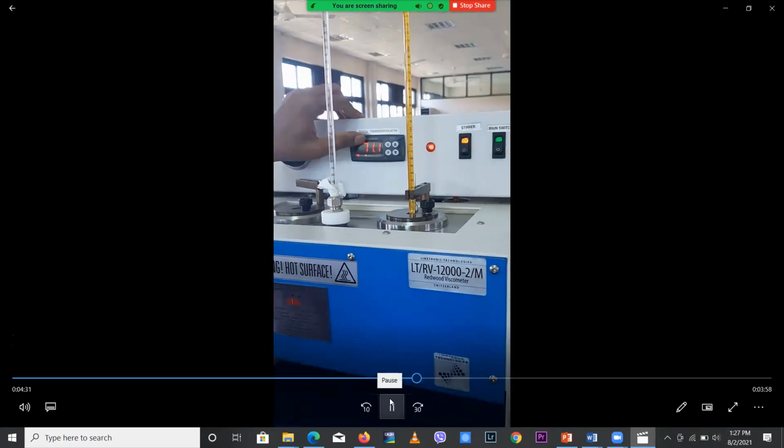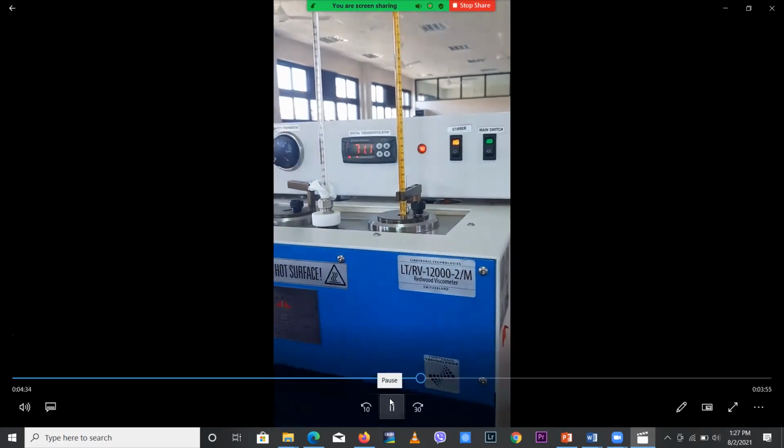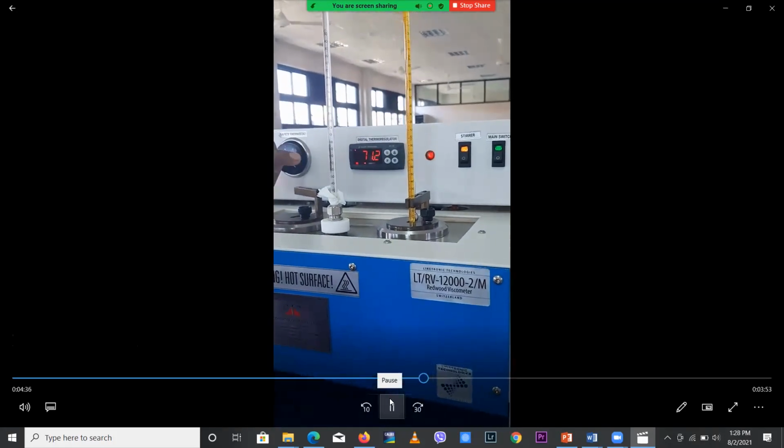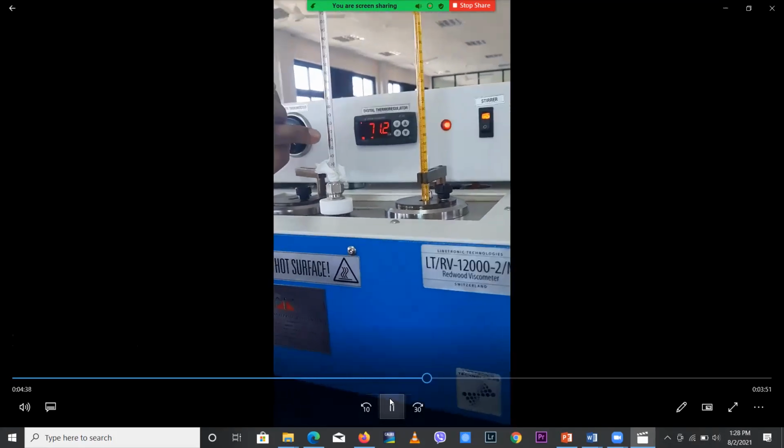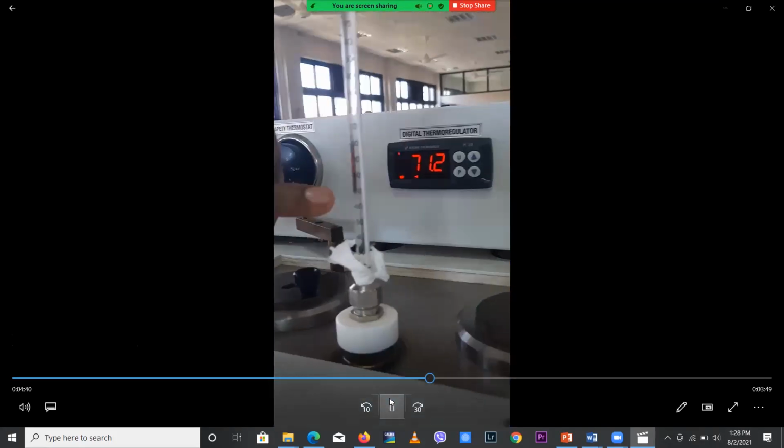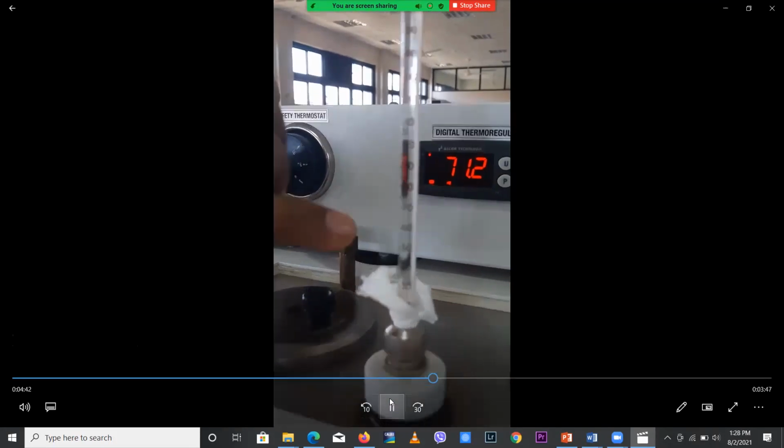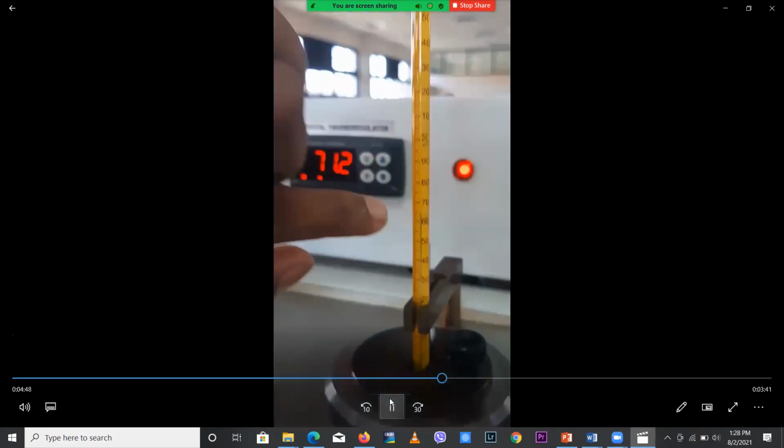This is also the water temperature, but we can directly measure the water temperature using this thermometer. Here you can see it is around 70 degrees Celsius. The water temperature is 70 degrees Celsius, but here the oil temperature is still 65 degrees Celsius.